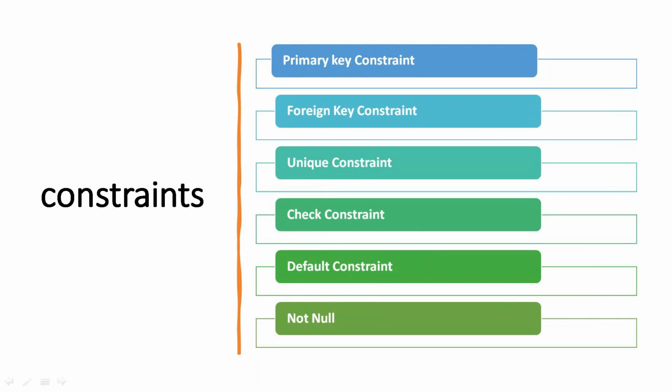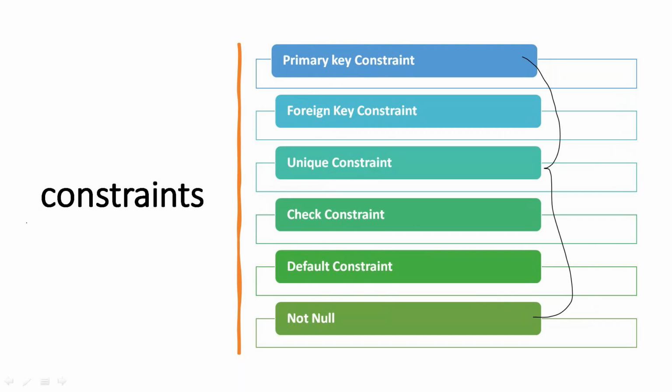You are going to apply them on the tables, maybe at the column level or the table level. These constraints are not applied while querying the data. While querying, they will not help you. Only while creating a table are these constraints applied. Let's see how it works.